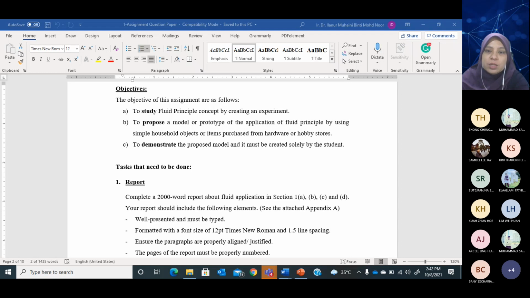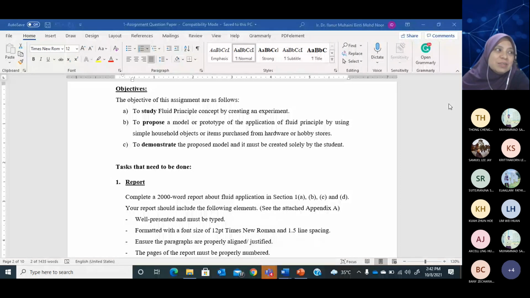Maybe minimum 1 kilo, but you are using small item, so must use kitchen scale. Okay, understand kitchen scale? Using a bottle and straw, simple home experiment also can. But the more complicated it is, the more marks.